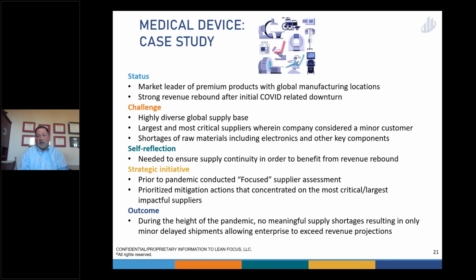The outcome during the height of the pandemic was no meaningful supply shortages, resulting only in minor shipment delays. And even during a quarterly call with investors, the CEO mentioned how well the supply chain was holding up even during these times of uncertainty.